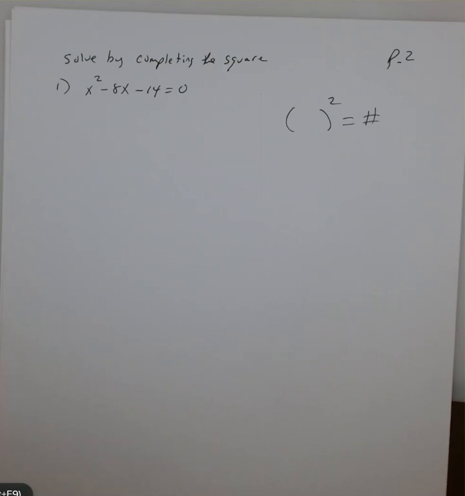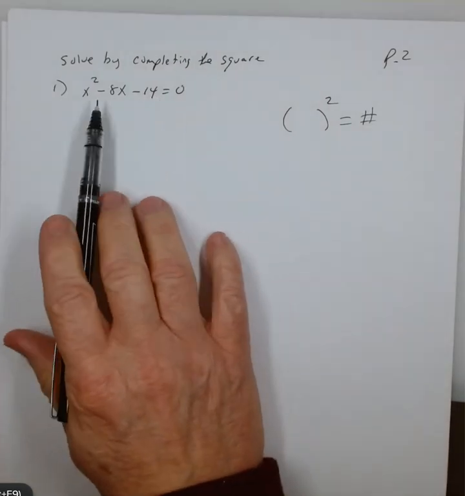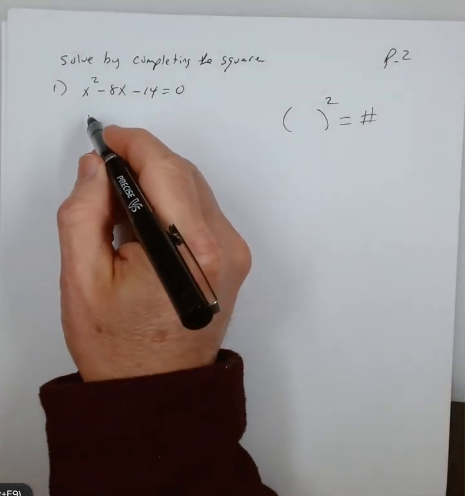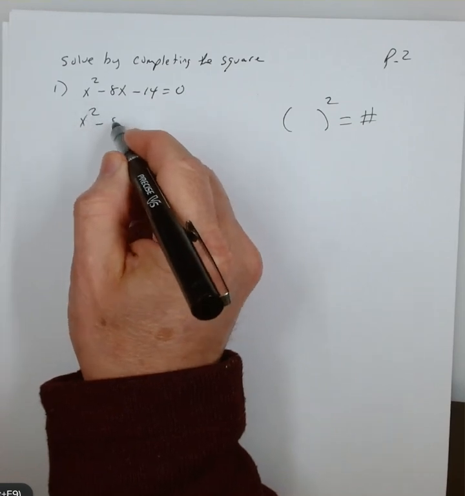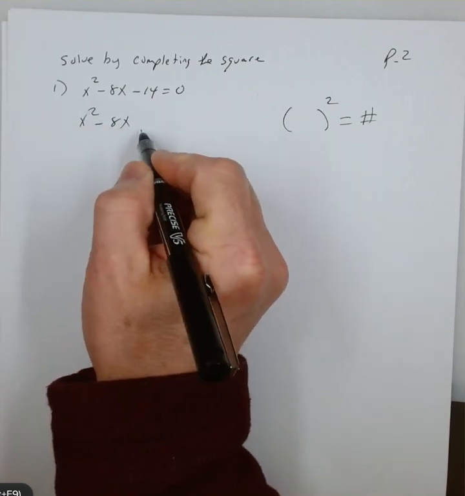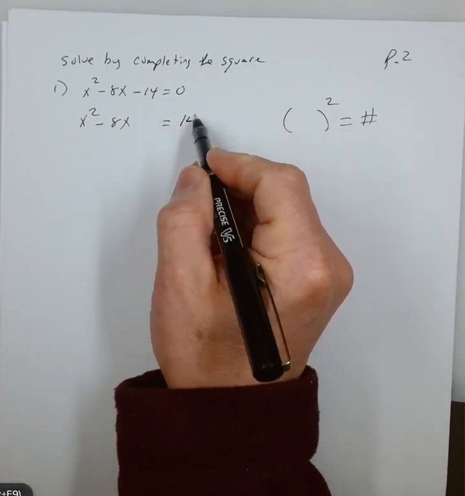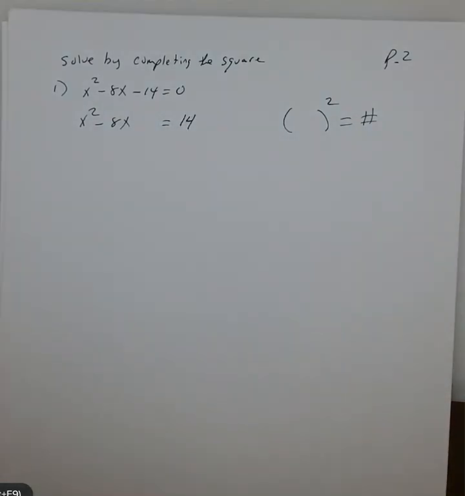Yes, because it says rewrite the equation so that both terms containing the variables are on one side and the constant is on the other. What's your constant here? Negative 14. So you want to bring it to the other side. So this becomes x squared minus 8x. I'm going to leave some space for a moment and then equal what number? 14. All right, so that's step 2.